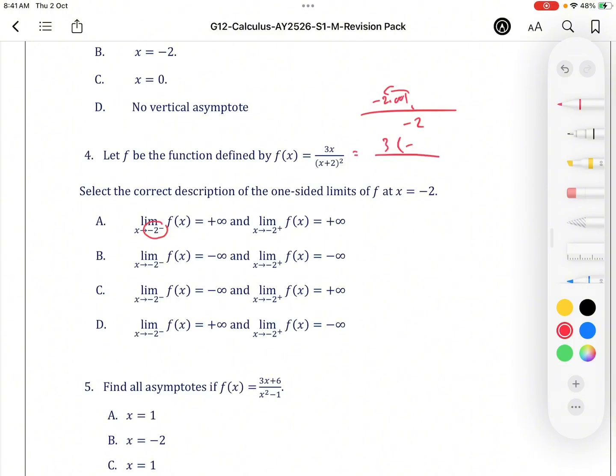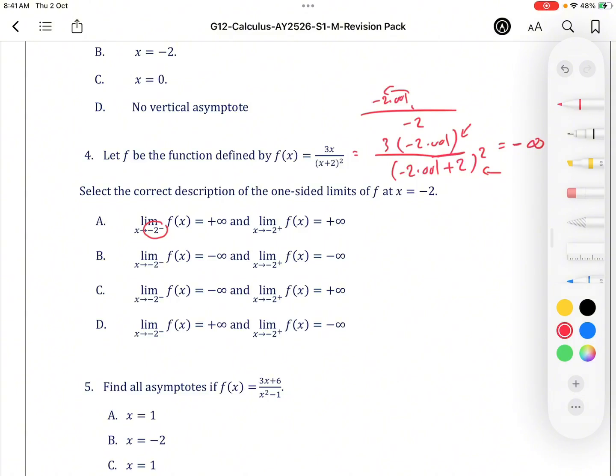So 3 multiplied by -2.001, divided by (-2.001 plus 2), or any other value, squared. We just need to know whether the answer will be positive or negative infinity. The denominator is always positive, so it depends on the numerator. 3 times -2 point something is negative. So the answer is negative infinity.